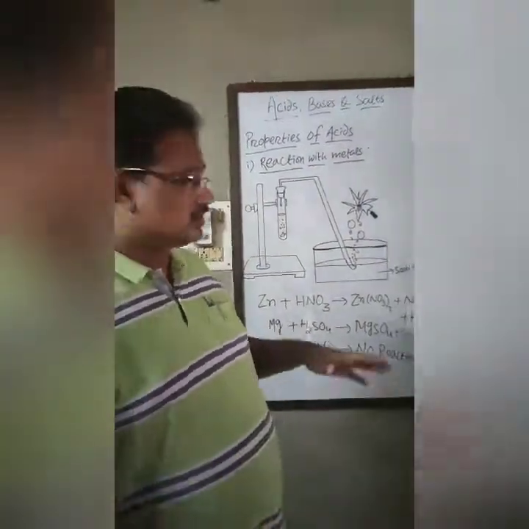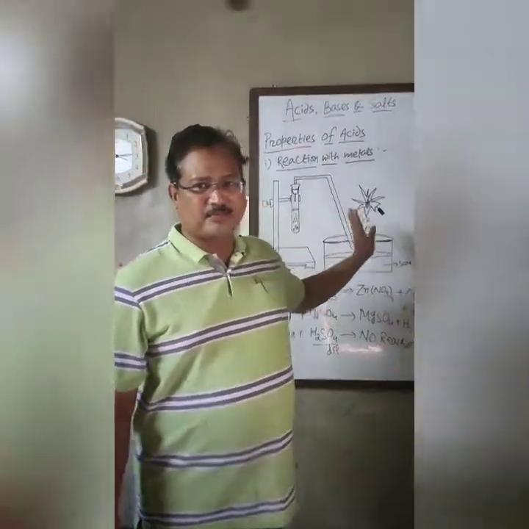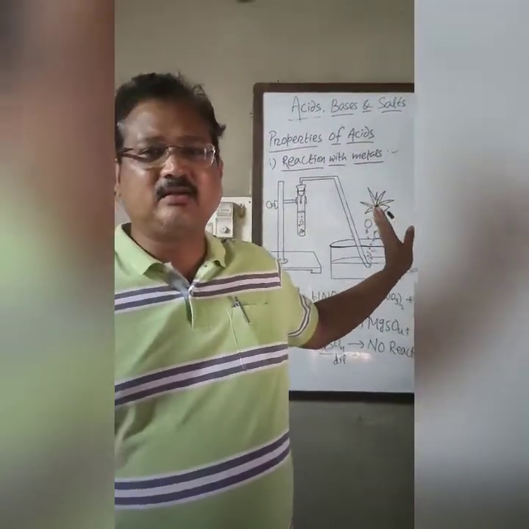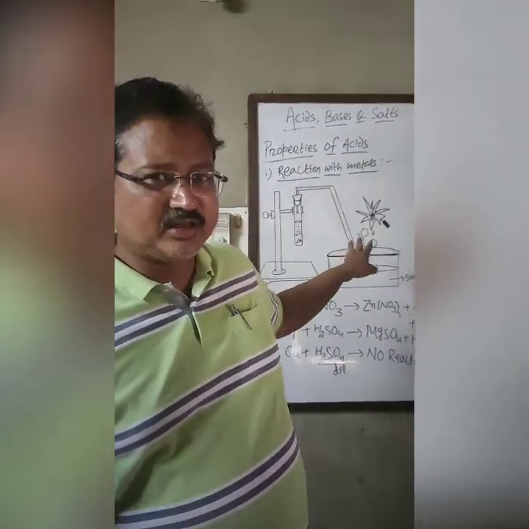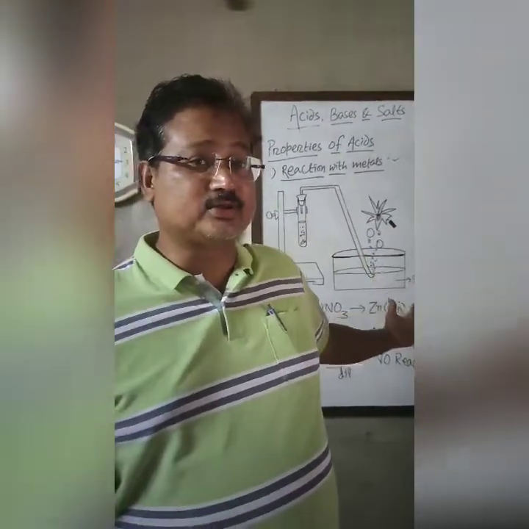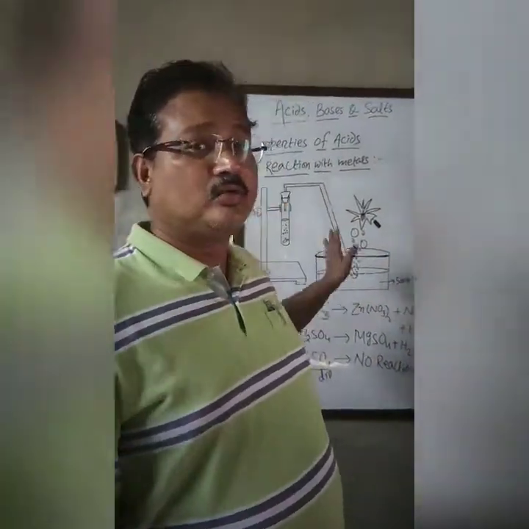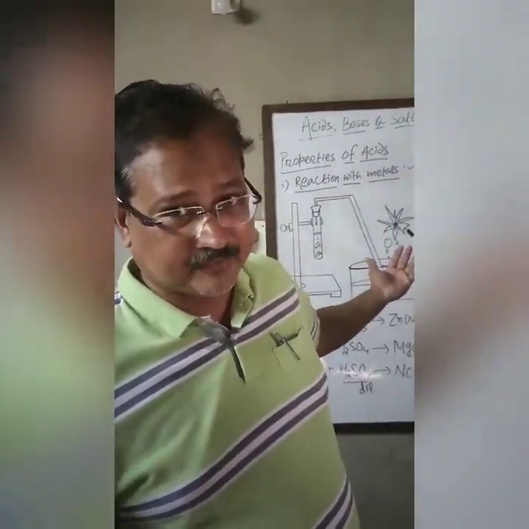The summary of this property is that the reaction of a metal with an acid usually liberates hydrogen, forming a salt, but it also depends on which metal and what type of acid you have taken.